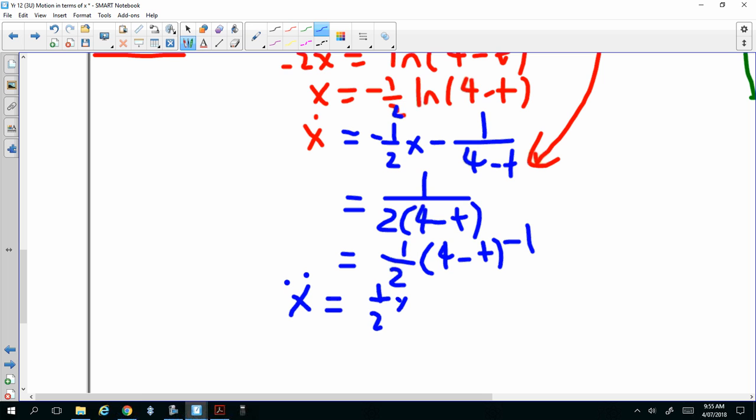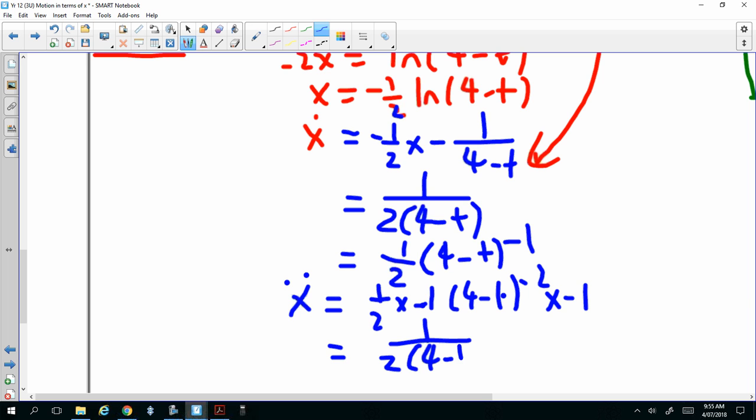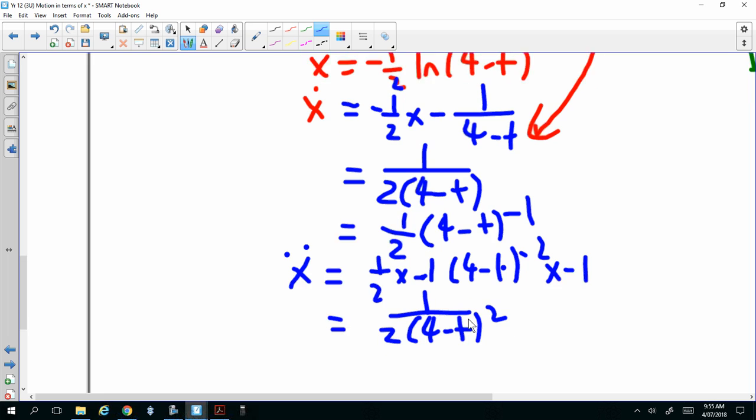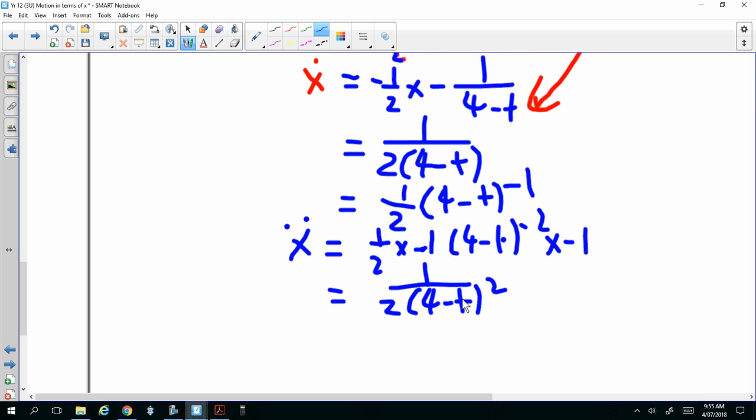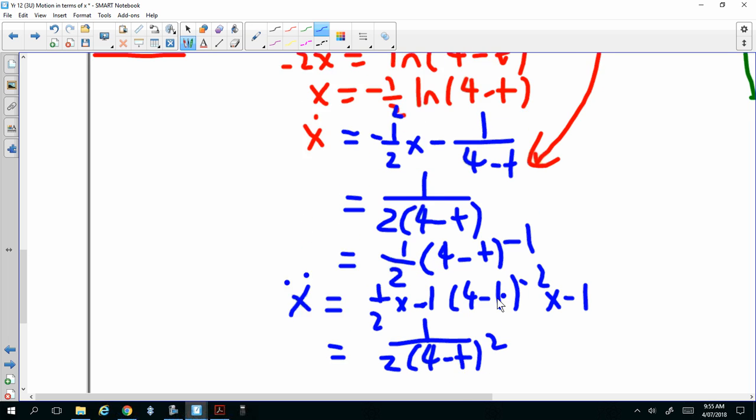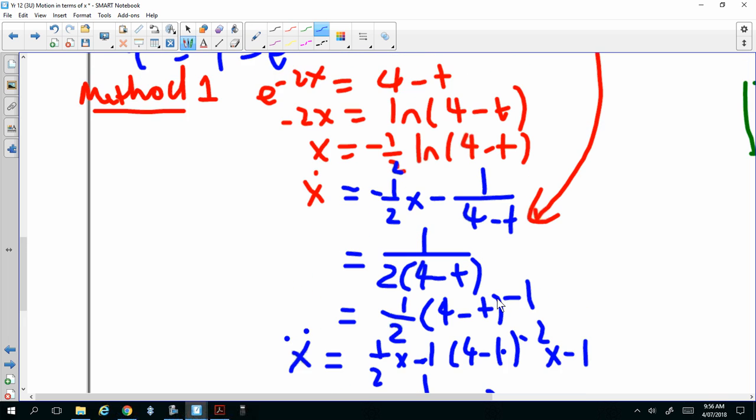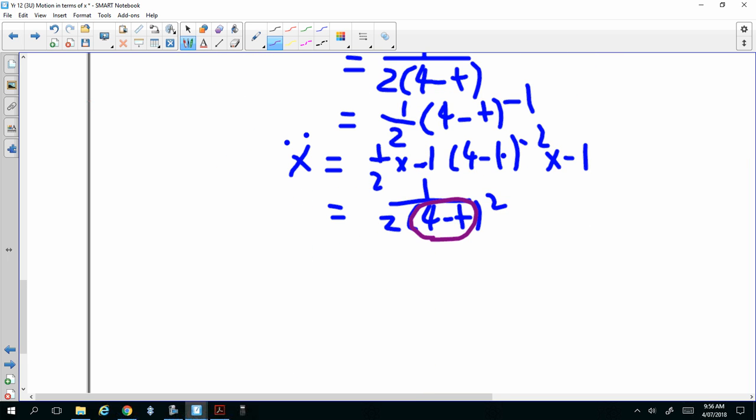Well, 4 minus t is e to the power negative 2x. You get 1 over 2, but you have to square it, which will get 1 over 2 e to the power negative 4x, which is equal to half e to the power of 4x. Right, that's acceleration. And then I'll show you a faster way using the extension 1 method.